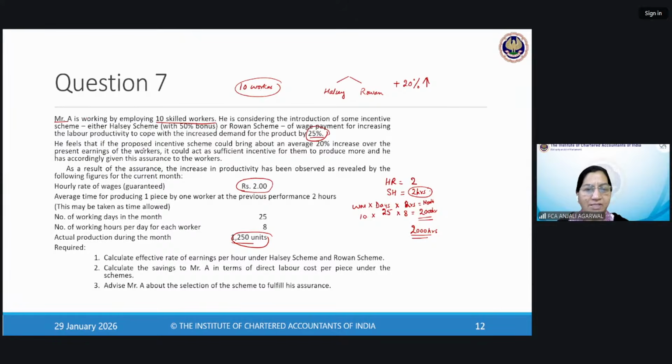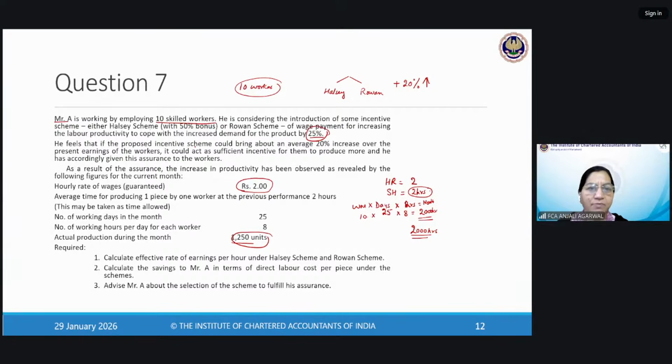Okay. So once again, I'll repeat the question, read it, and you will be able to understand. Mr. A is working by employing 10 skilled workers. Considering the introduction of incentive scheme, either Halsey with 50% or Rowan, of wage payment for increasing the productivity to cope with the increased demand of product by 25%.